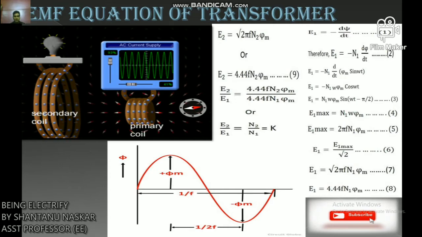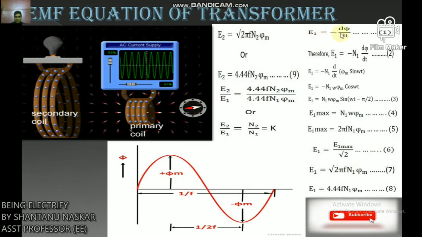As shown in the figure above, the flux changes from plus phi m to minus phi m in half a cycle of 1 by 2f seconds. Now by Faraday's law, let E1 be the induced EMF in the primary winding.